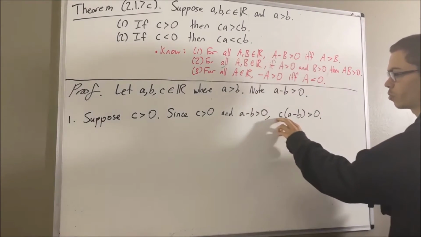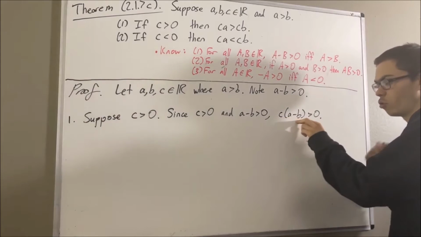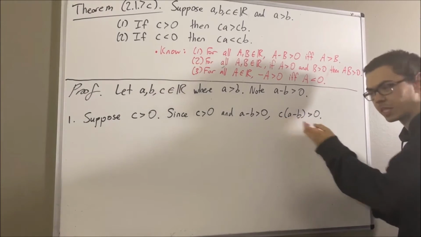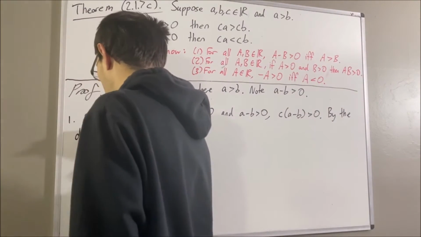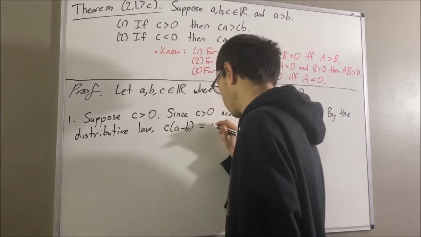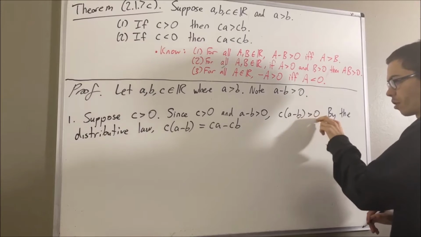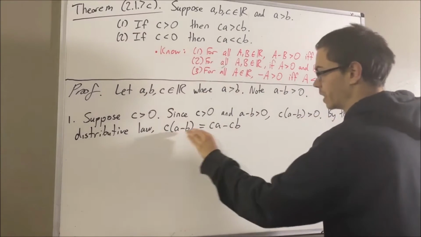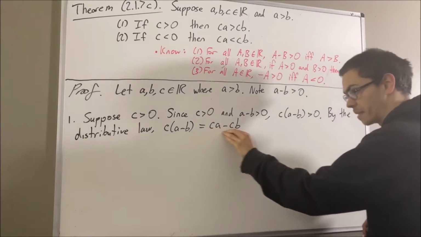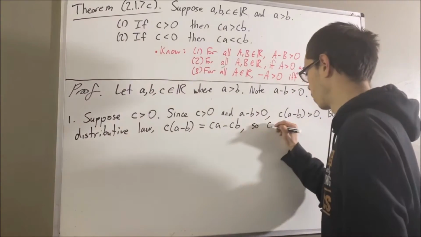However, we know that if we distribute the c across, this is equivalent to ca minus cb. So since c times a minus b is greater than 0, but c times a minus b is equal to this, it follows that this is greater than 0.